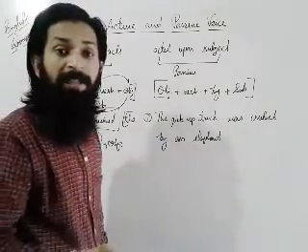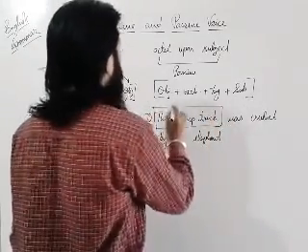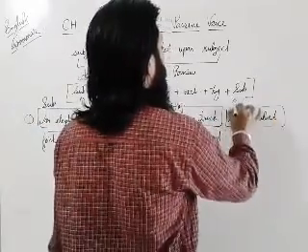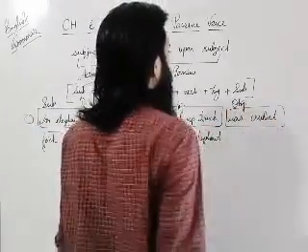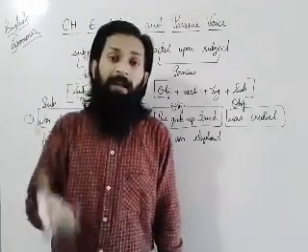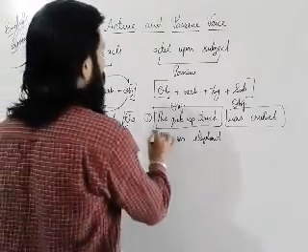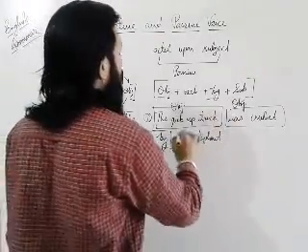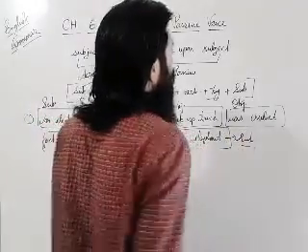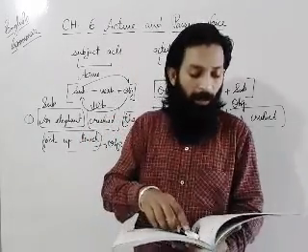But if we are going to change into passive voice, then at first we have to write the object. After that your verb according to the rules you have to follow. If any sentence is dependent on tense, then you have to follow the tense rules. If any other special rules are there, then you have to follow those rules. After that you also have to write by, and then your subject. This type of structure you have to follow whenever you are going to change any sentence into passive voice.